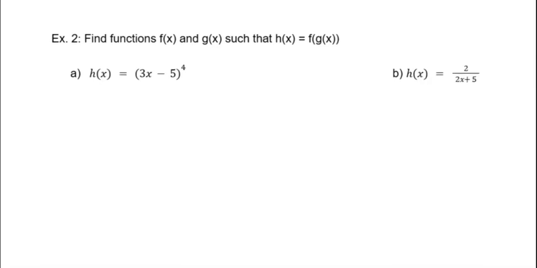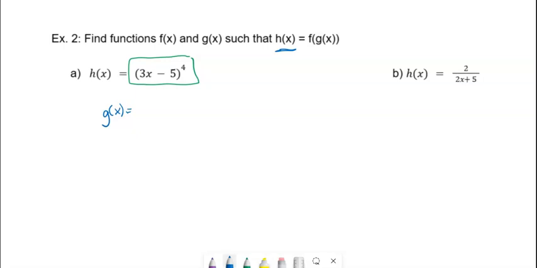A more likely question would be: find the functions f of x and g of x such that h of x is equal to the composite function f at g of x. If h of x is all of this, I need to think about what could have been plunked in here in order to create this expression.